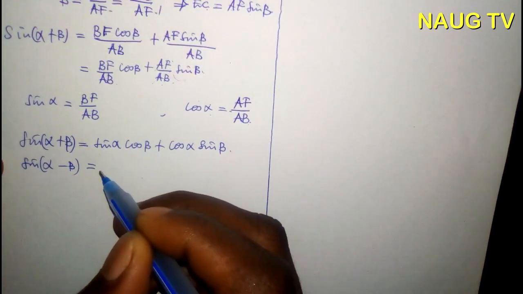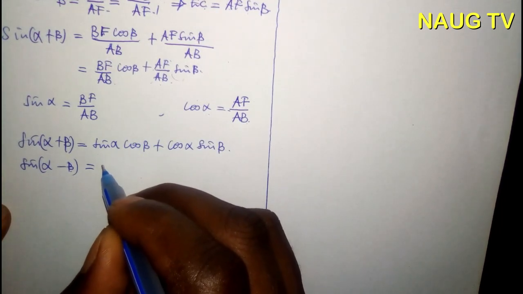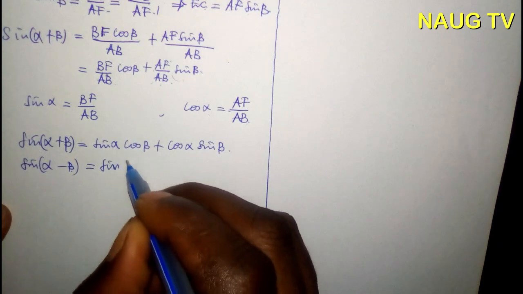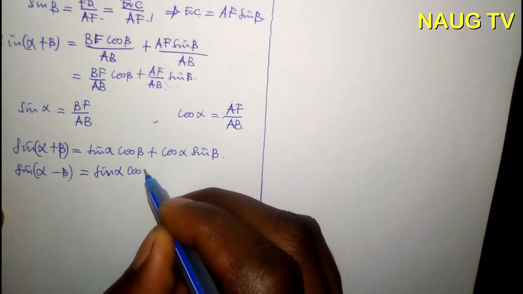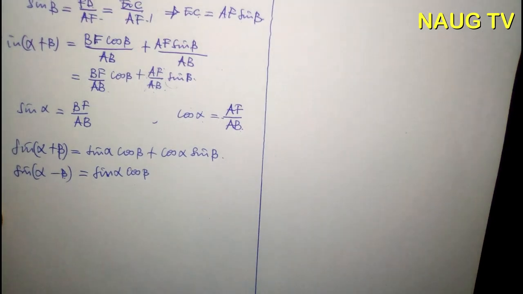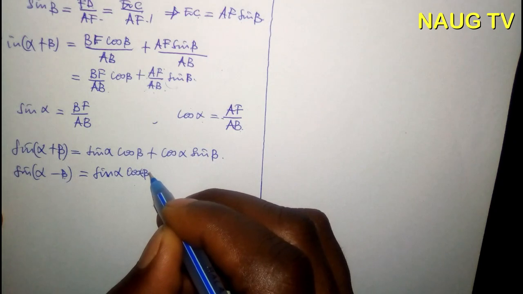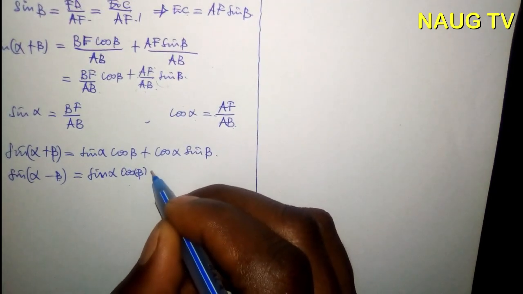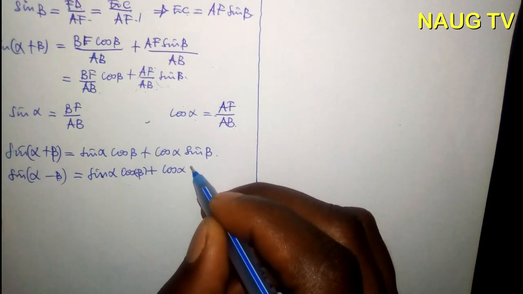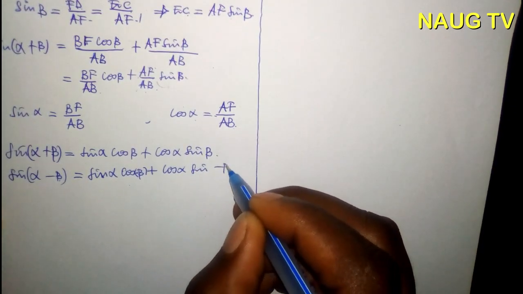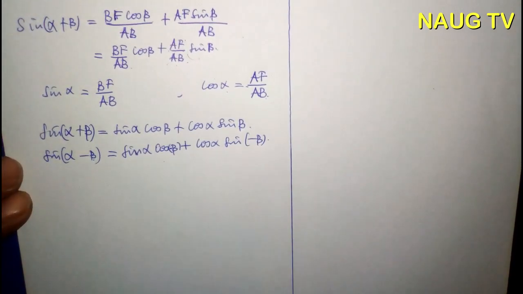So this would be equal to, here the angle beta is negative, so we would write sine alpha cosine of negative beta plus cosine alpha sine of negative beta.